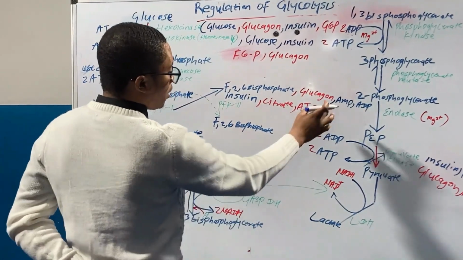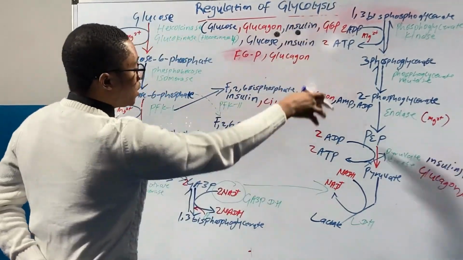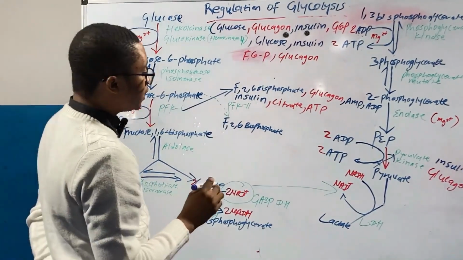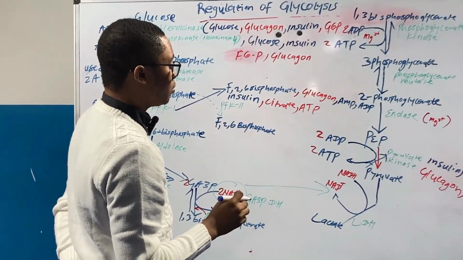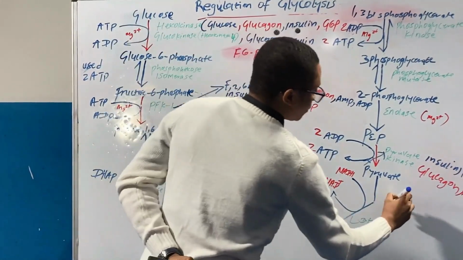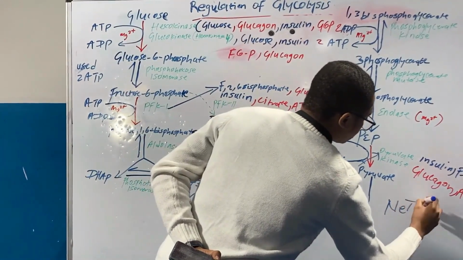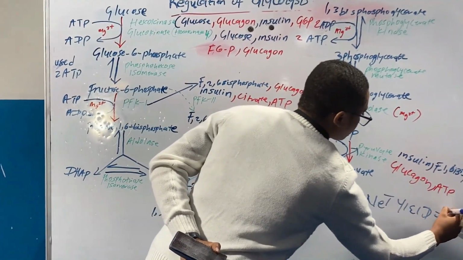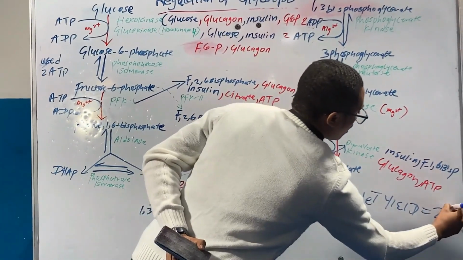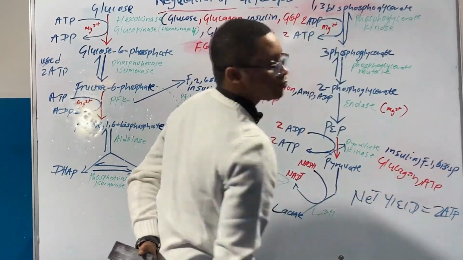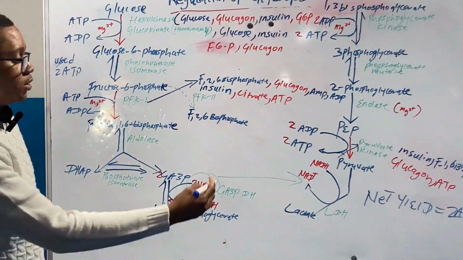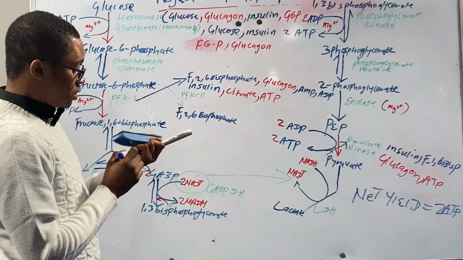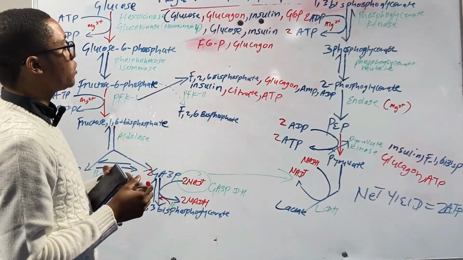So 4 ATPs in total were produced, and we used 2 ATP in step 1 and step 3. So the net energy yield in the process of glycolysis is 2 ATP.